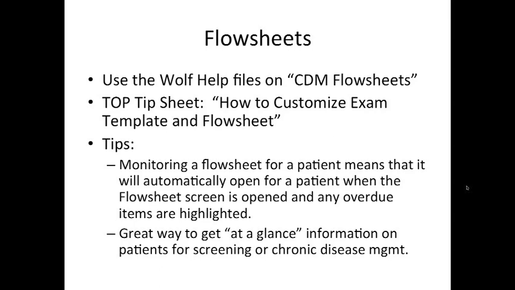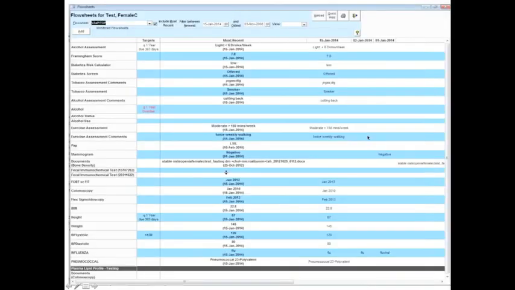So a question that comes in is how do you find that screen? So how do you get to the flow sheet screen? There are a number of ways to get there, but a really simple one is when you're in the patient chart, right mouse click, and flow sheets is one of the menu items in your right mouse click menu.